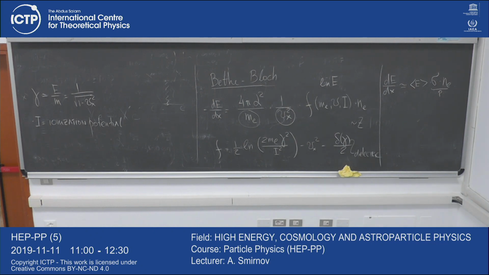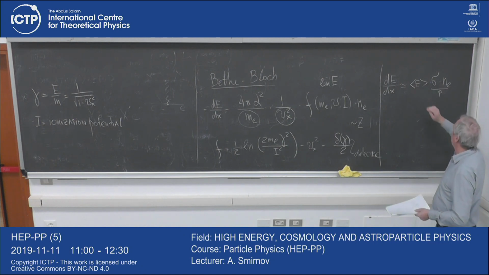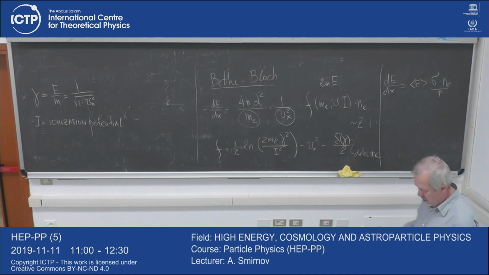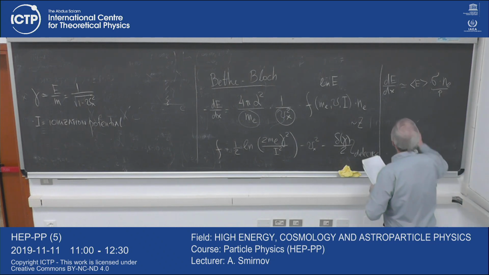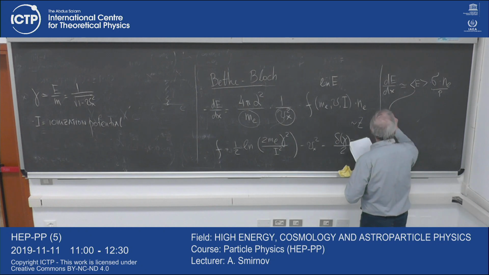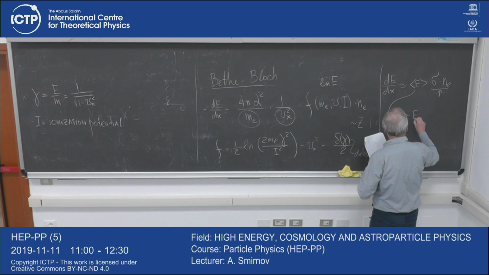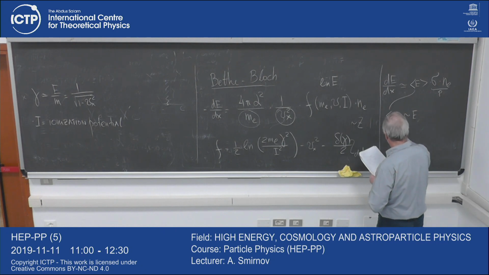And therefore it's clear, that gives you the number of essentially collisions on the unit of length, and you multiply by the average energy loss in each of these collisions. So this average energy loss is close to Rydberg energy.